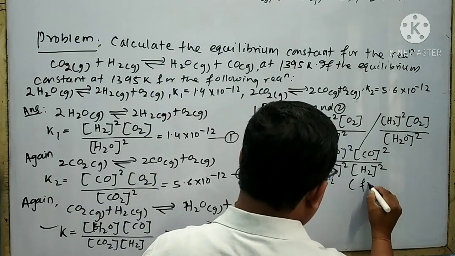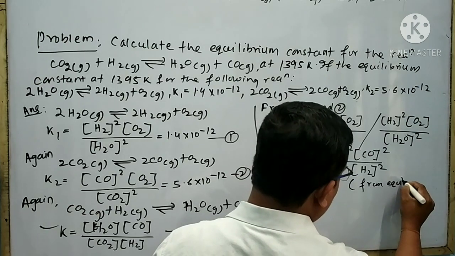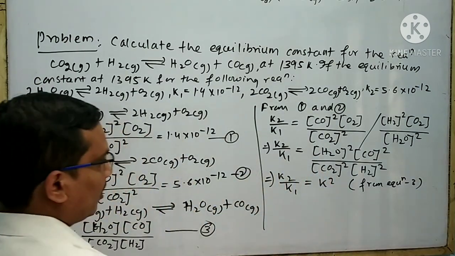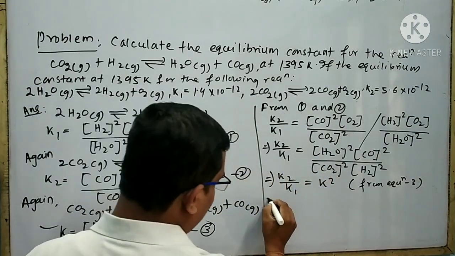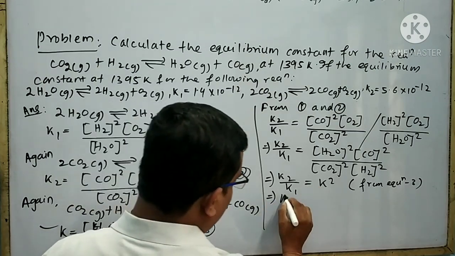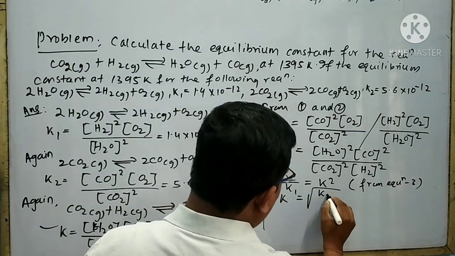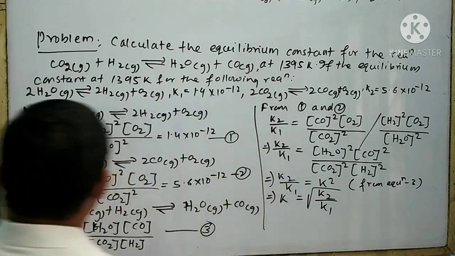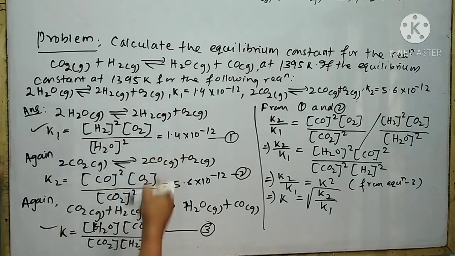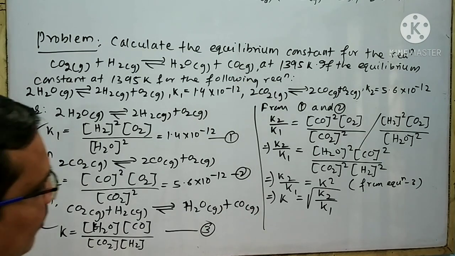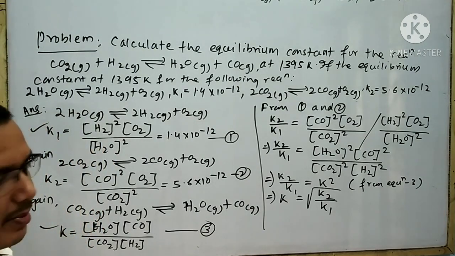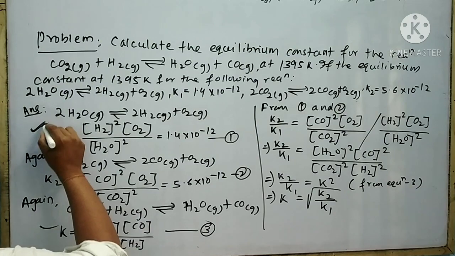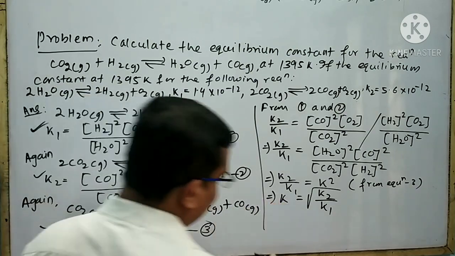Here I can write from equation 3. I have to find out the value of K. So here I can write K equal to root over of K2 by K1. We know that the value of K1 equal to 1.4 into 10 to the minus 12, and the value of K2 equal to 5.6 into 10 to the minus 12. Now put the value of K1 and K2 in this equation.